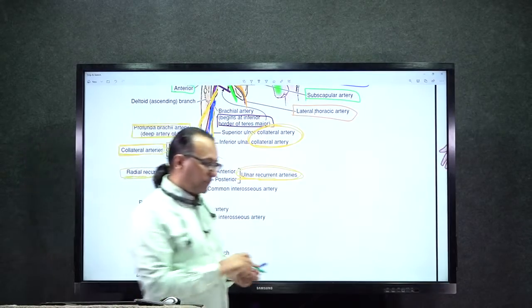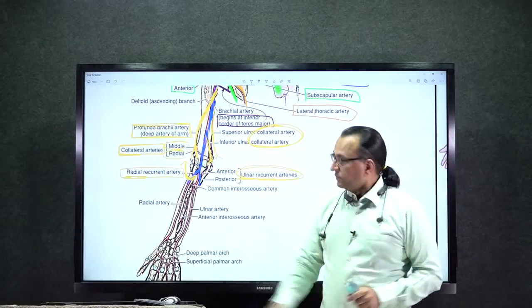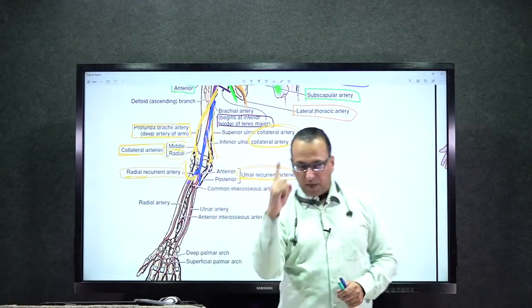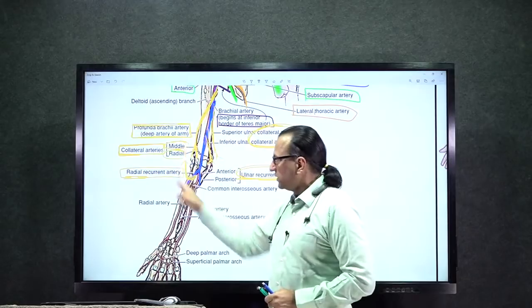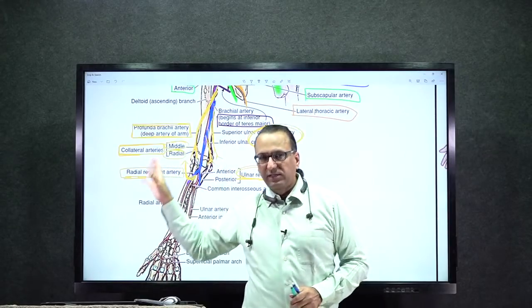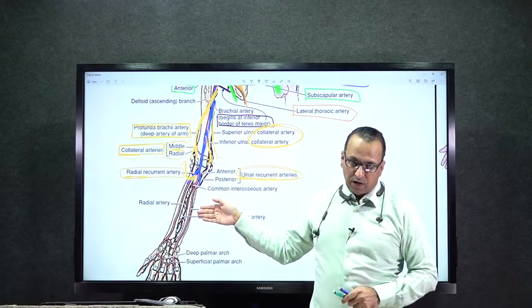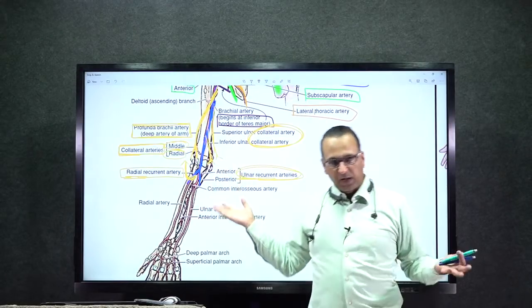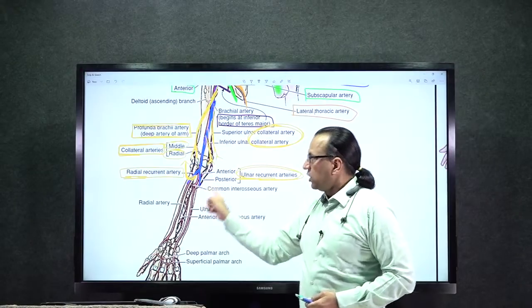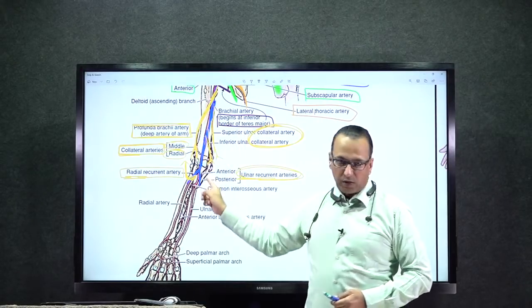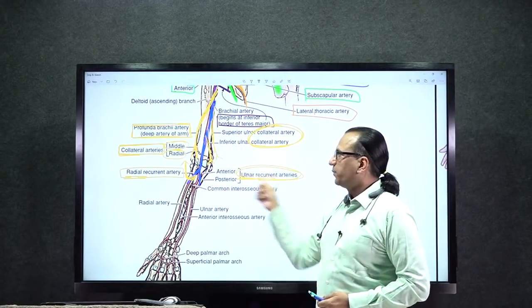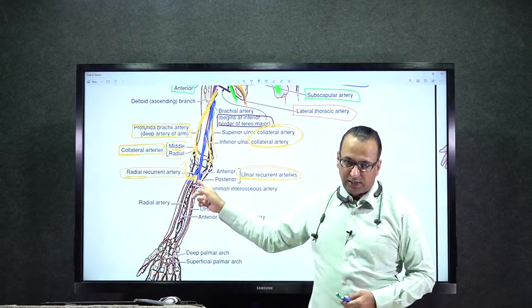See, just remember one thing clearly. Here, the radial artery gives only one branch, which is radial recurrent artery. Otherwise, most of the branches given are from the ulnar artery. So ulnar artery giving which branches? Like we said, it is recurrent arteries. There are anterior and posterior recurrent arteries. And what else will it give?